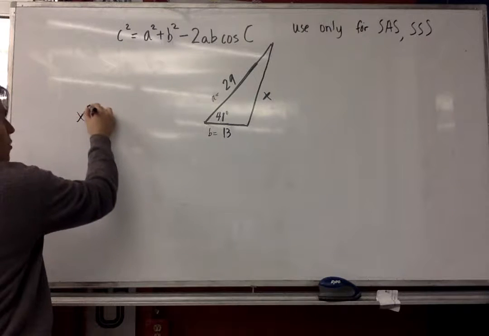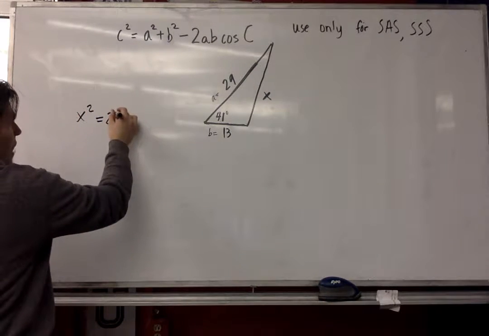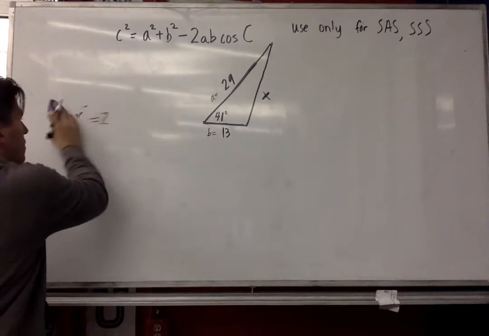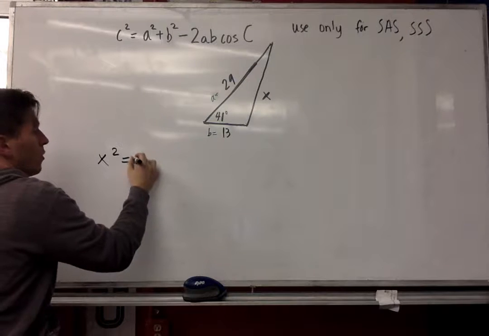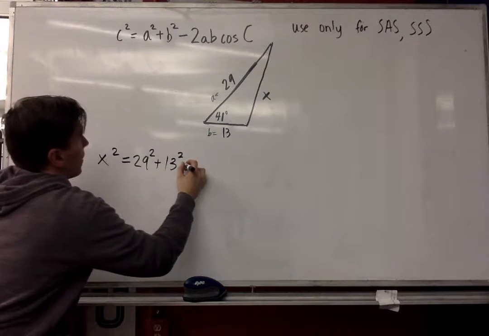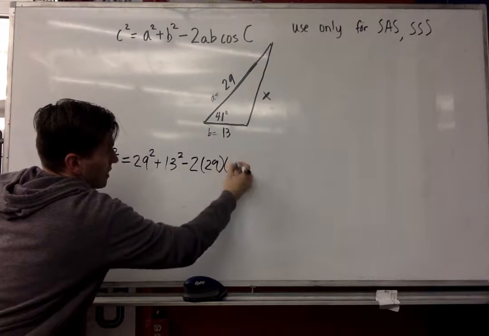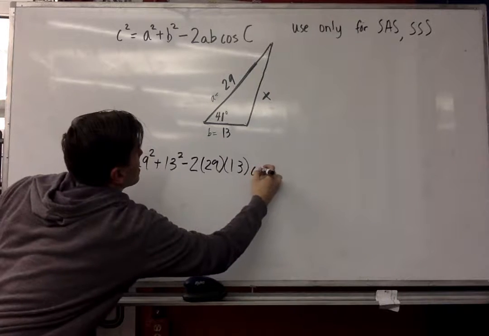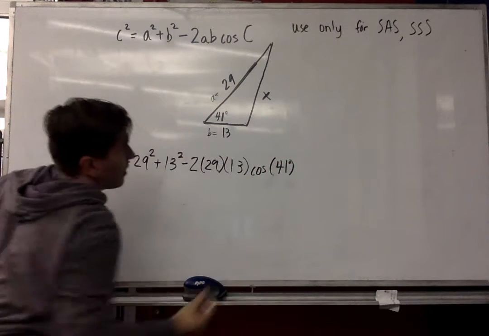So X squared is going to be equal to 29 squared plus 13 squared minus 2 times 29 times 13 times the cosine of 41 degrees.